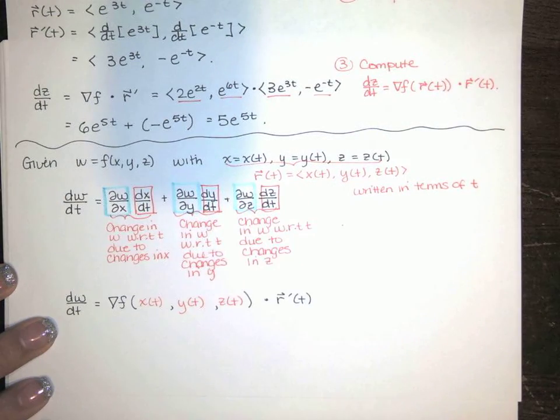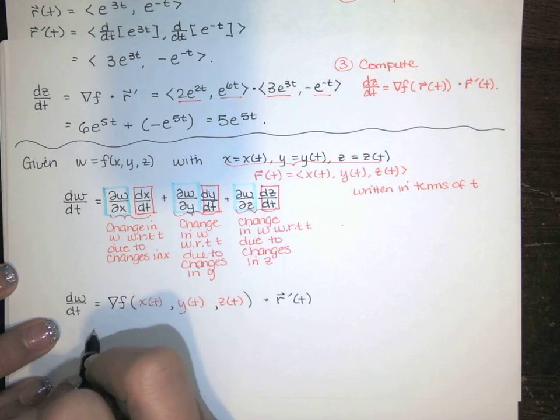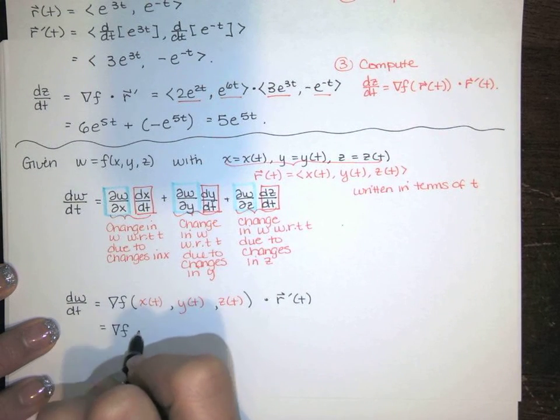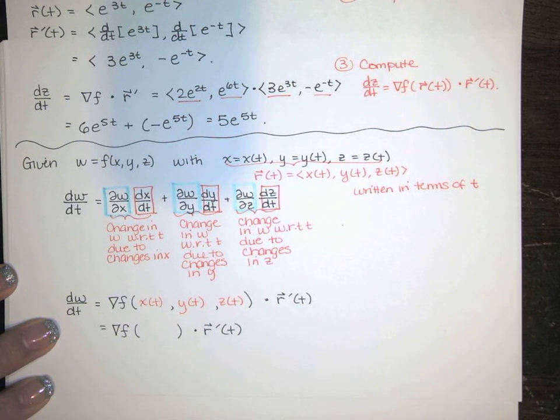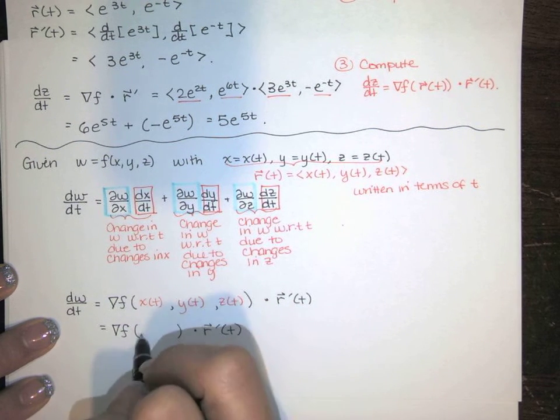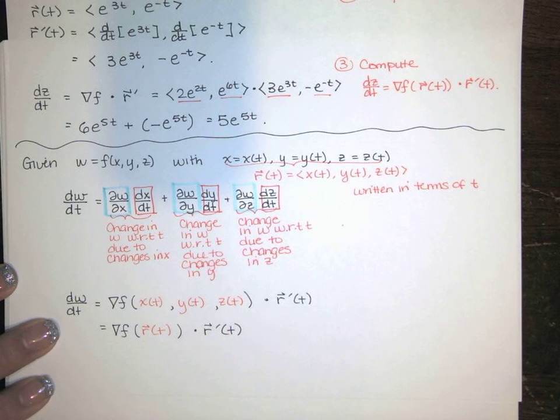So this is the same as that. Or we can use that alternate shorthand, x of t, y of t, z of t is just the components of r of t.